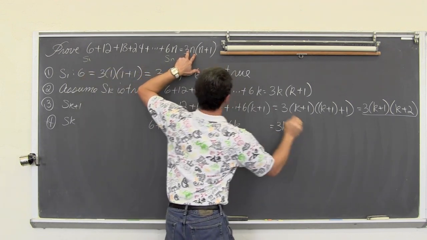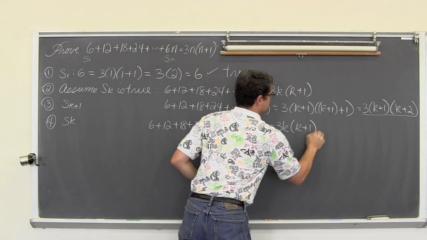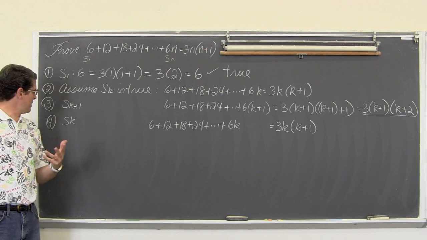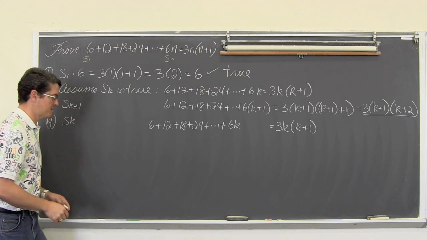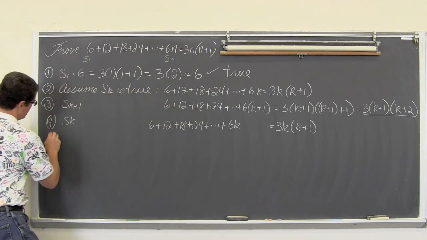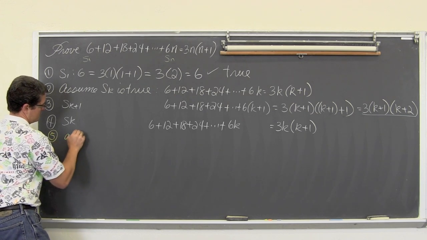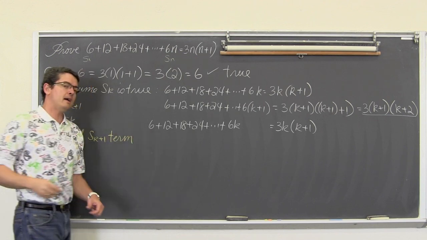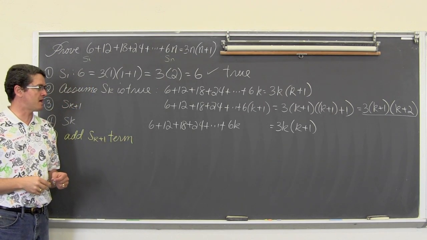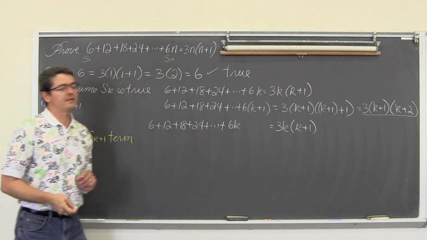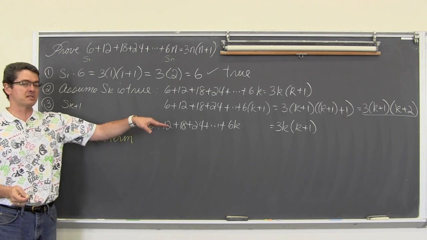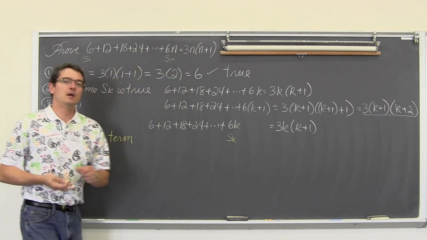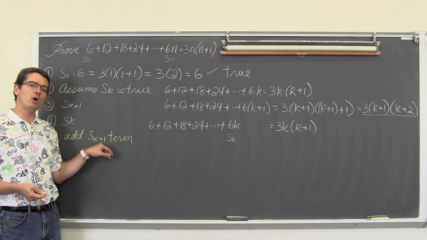Okay, I'm leaving some extra space because I have limited room here, and I want to get to step 5, which is add the S sub k plus 1 term to both sides. This is the original left-hand side of my sequence, going from 6 to 6k. So this is my S sub k term.